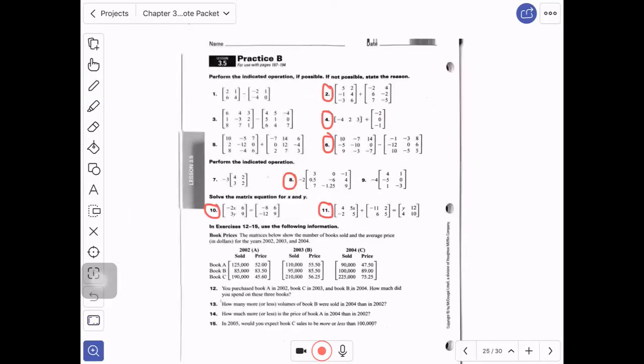Maybe start on what you think is more difficult.